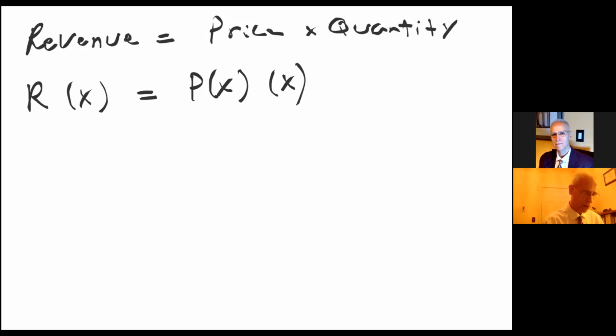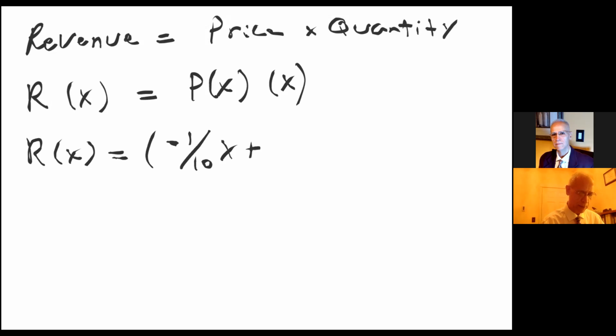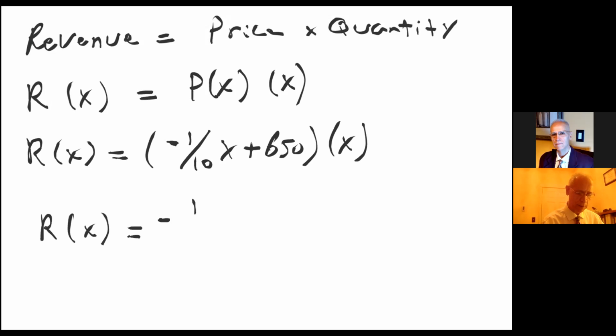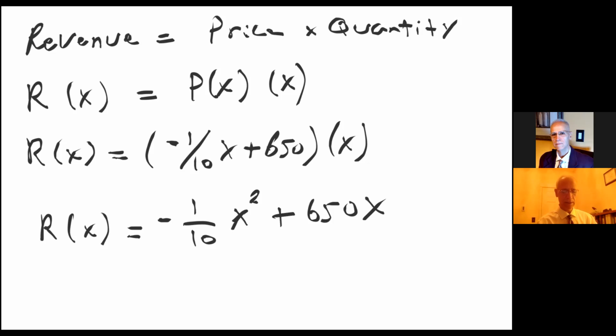So R of x equals P of x, which we just figured out to be negative 1/10 x plus 650, times x. So R as a function of x equals negative 1/10 x squared plus 650x. Notice that this is an upside down parabola.